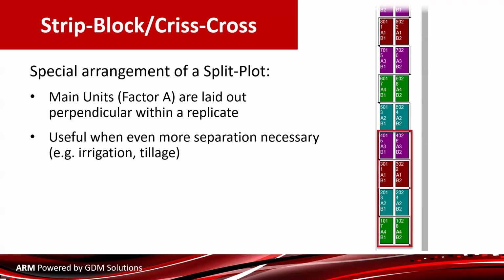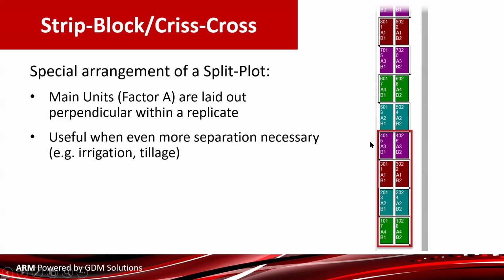Now we're going to lay out those main units perpendicular within the replicate. So you're almost doing both levels. Not only within a replicate, within a block, do we have to group things together, but now those groups need to be more separate as well.